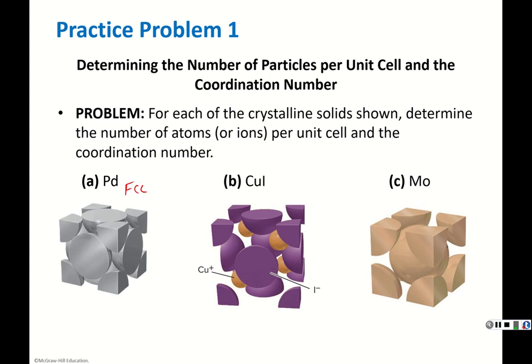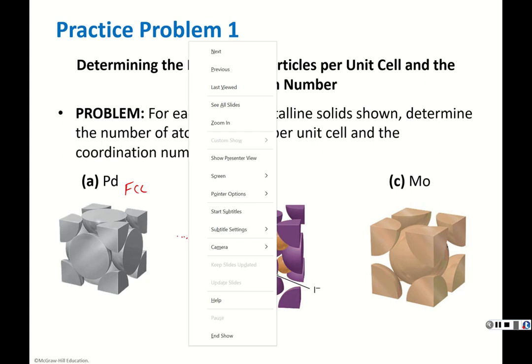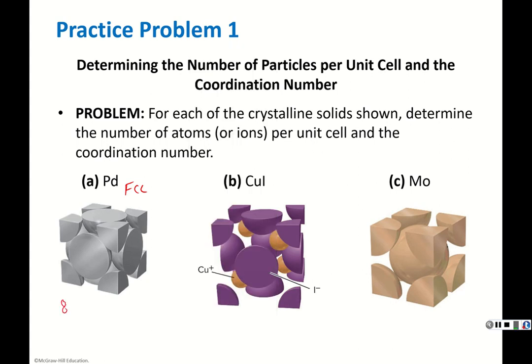Okay, so the number of atoms, again, for the face-centered cubic, you have 8 corners times 1/8 atom each, which would be 1 for the corners. And then each face, there's 6 faces, each face has a half of an atom. So that's 3. So that's a total of 4 atoms per unit cell.